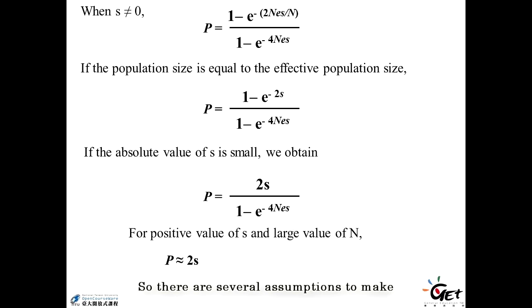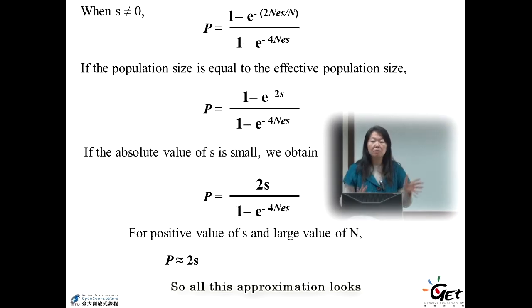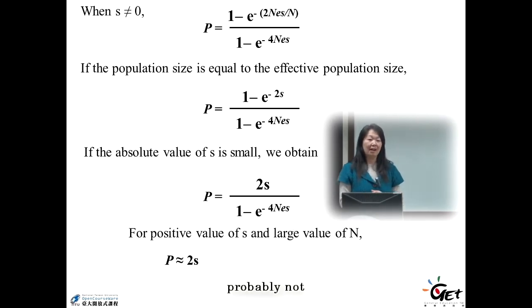So there are several assumptions to make this approximation. If that is true, then P, the fixation probability, is approximately equal to 2 times the selection coefficient.